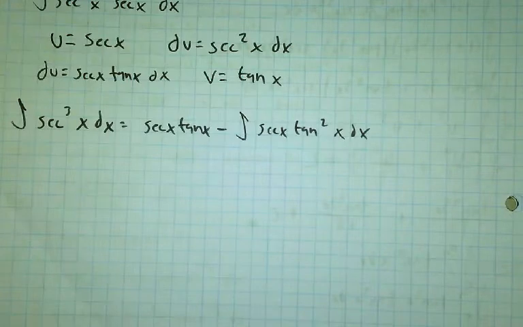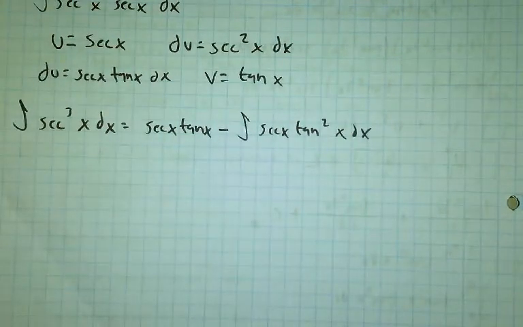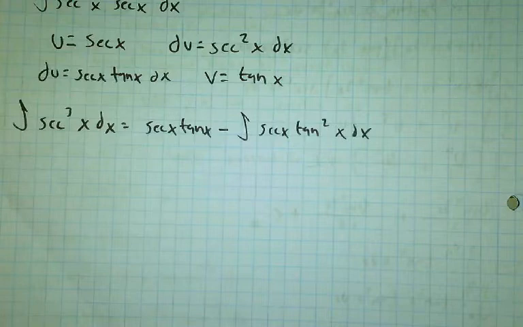We're going to go back to our rules. What do we got? So you want to turn this into secant square minus 1? But then what?